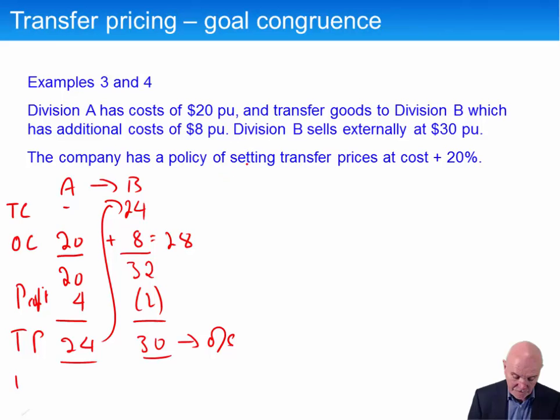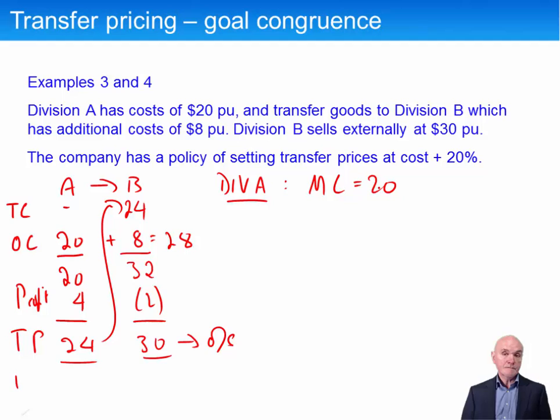So let's think first of all about the person in charge of Division A. Every unit that is processed through Division A, there's a marginal cost there, an extra cost caused of 20. And Division A will not want to make and sell goods if it gets less than 20.